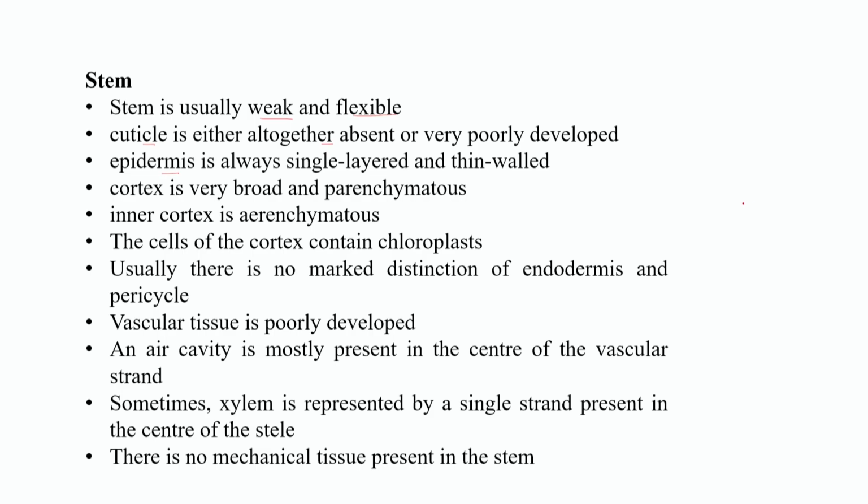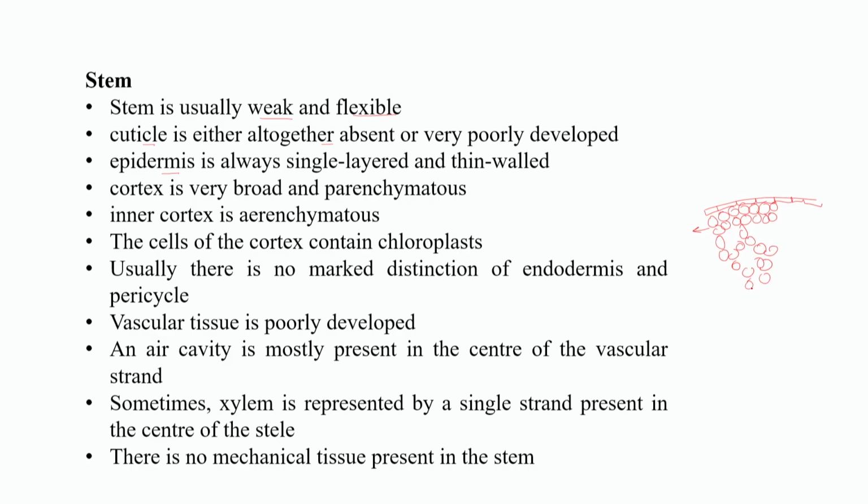Now in this case also, if epidermis is there, it will be single layered and thin walled, okay. Then cortex will be broad. Some few layers of the cortex on the top might have lesser intercellular space, but after that they will develop aerenchyma, so a lot of aerenchyma will be there.